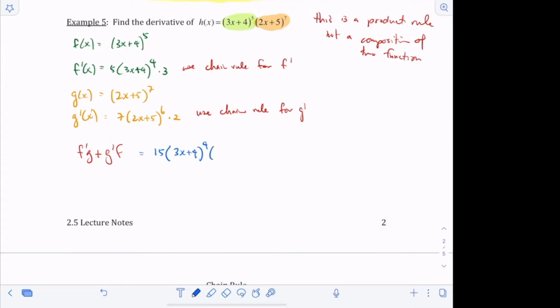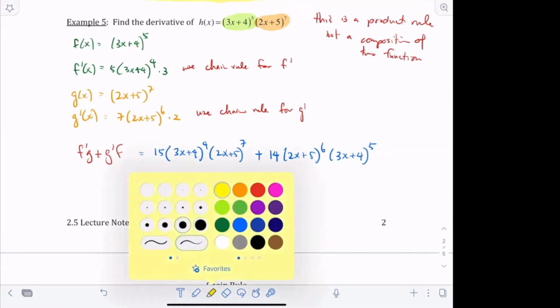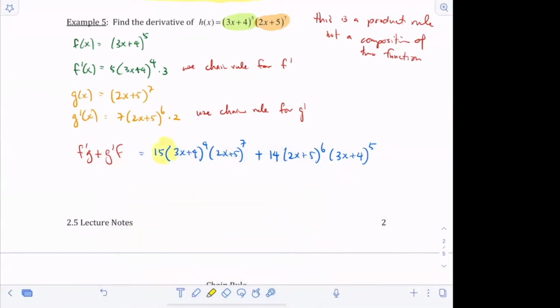We keep the second, which is (2x plus 5) to the 7th, plus the derivative of the second, which is 14 times (2x plus 5) to the 6th power, times the first function, which is (3x plus 4) to the 5th. So example 5 is really a product rule, but we use the chain rule to find the derivative of some of the pieces. Does that make sense? Are there any questions about this one?